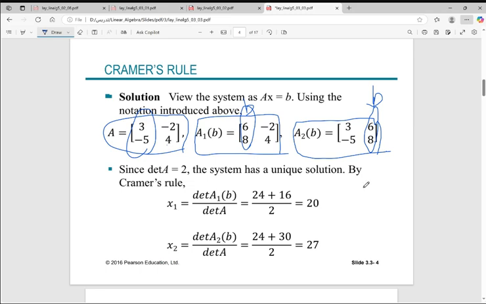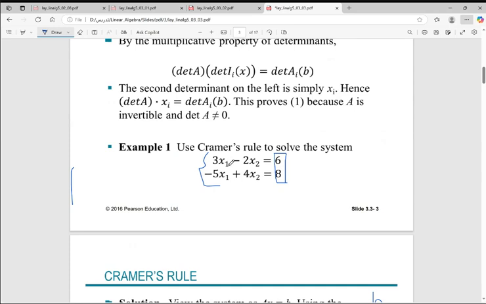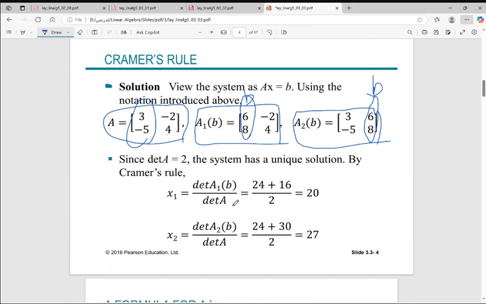Okay, so we want to find the value of x1 and the value of x2 for this system of linear equations, right? Theorem 6, Cramer's rule, says x1 can be computed as determinant of A1B over determinant of A. So this is A1B. What is determinant of A1B?